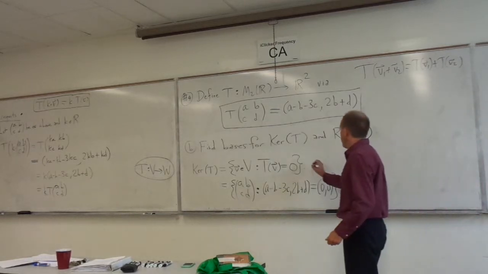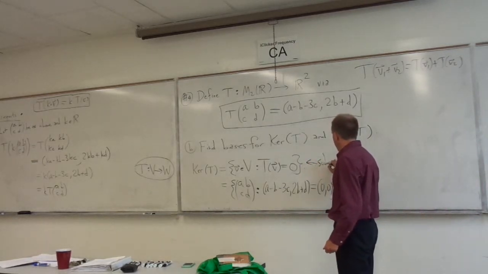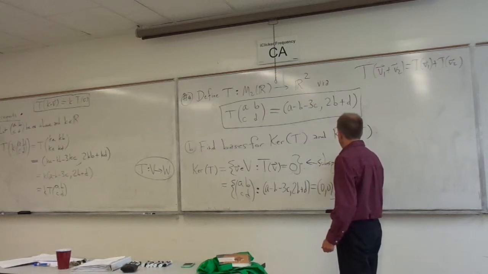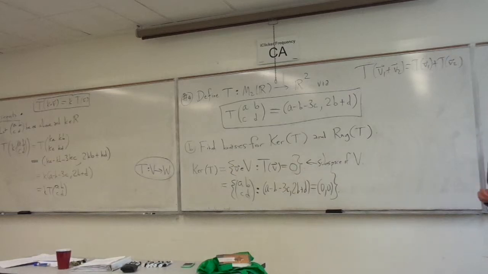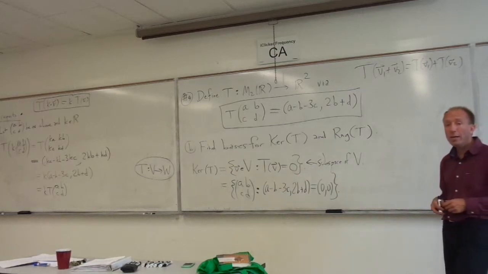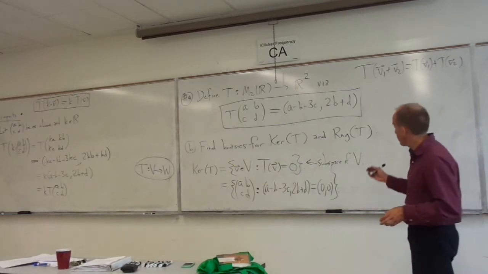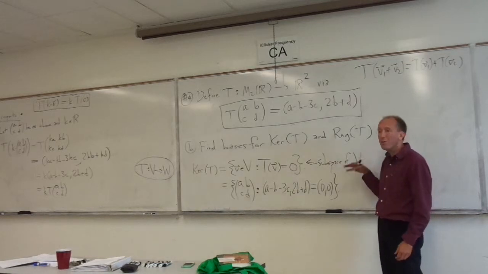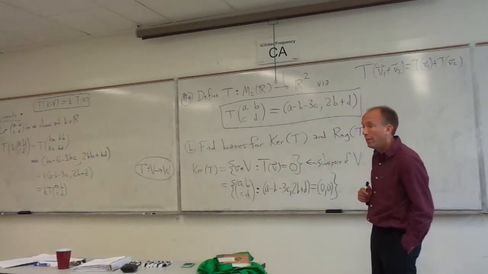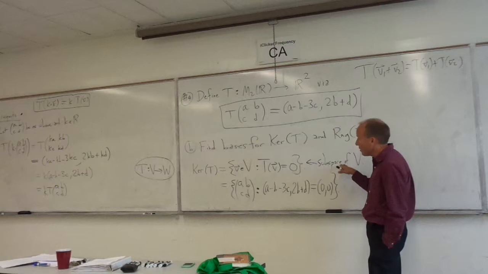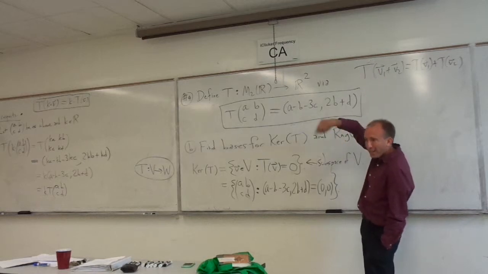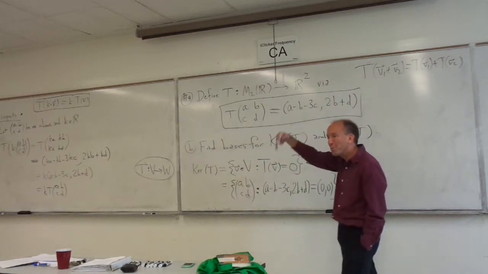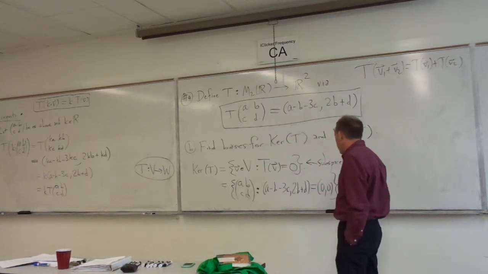So this is always a subspace, just to remind you, this is always a subspace of V. Okay, you should be able to show that. You could actually practice that. It has to be closed under addition and closed under scalar multiplication. And the reason that this is a subspace of V really boils down to the fact that T respects addition and scalar multiplication. So those properties are what make this work.